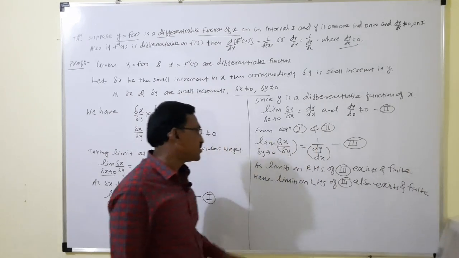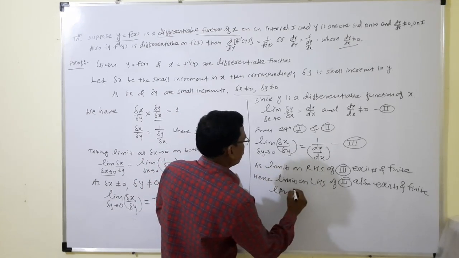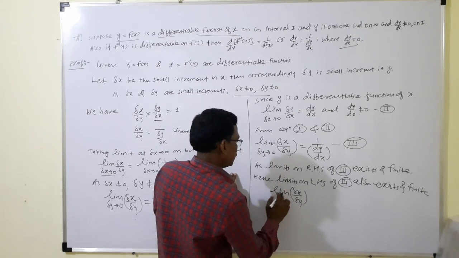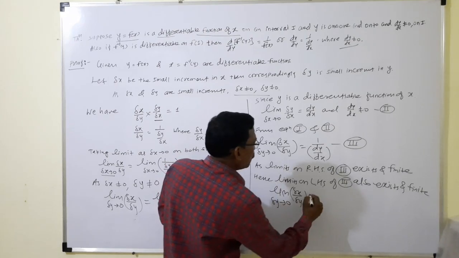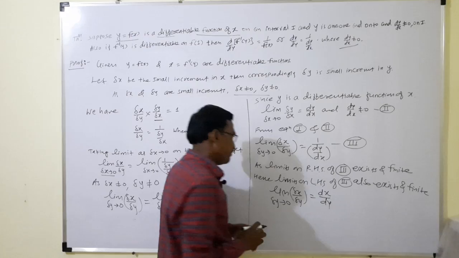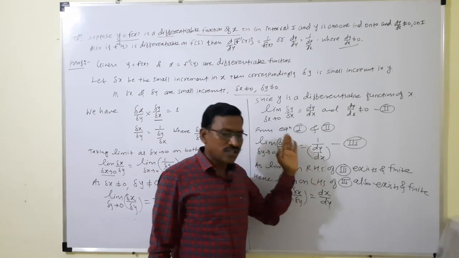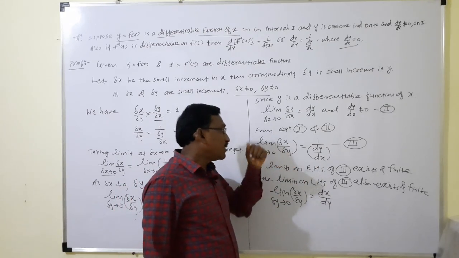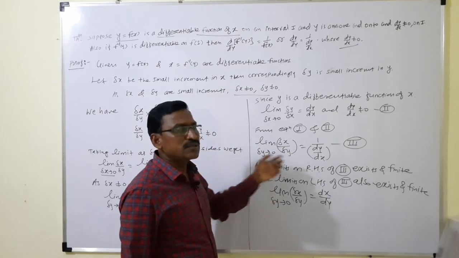This means that the limit of delta x upon delta y as delta y tends to 0 gives dx by dy, because the right hand side limit of equation 3 exists and is finite, and that's why the left hand side limit also exists and is finite.